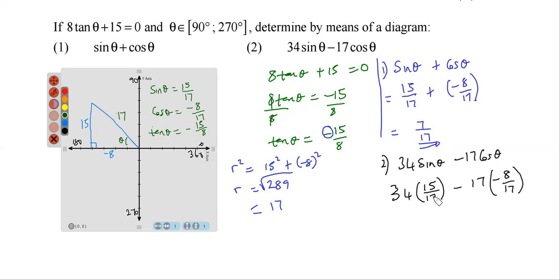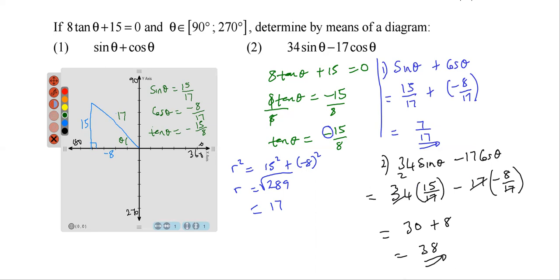If we take the 17 there, 34 over 17 gives 2, and the 17 and 17 cancel. The value is going to be 30 minus (-8). Minus a minus is plus, so it's 30 plus 8, which equals 38. That's how you get your values.